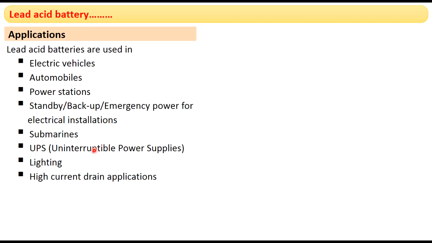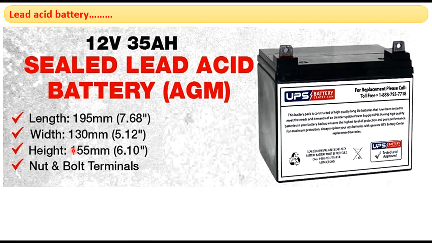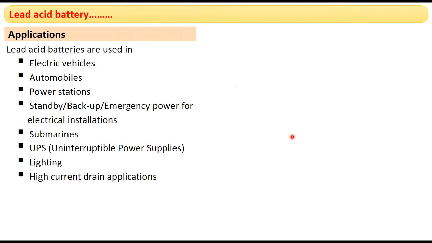Another application is UPS, uninterruptible power supplies. In the UPS also, we use lead acid batteries. So this is a UPS battery for emergency backup, for emergency power. Lead acid batteries are also used in lighting equipment.